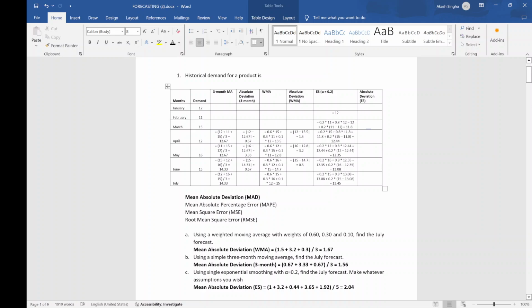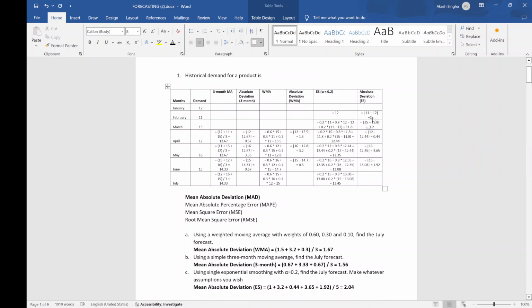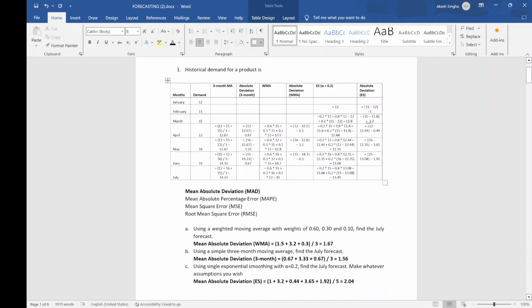And for this absolute deviation, same, you can just calculate the differences from the actual to the forecasted. And these are called absolute deviation, and mean absolute deviation is the summation of all of the values averaged. So that is called mean absolute deviation.